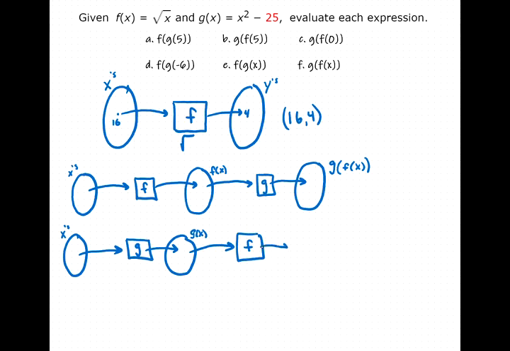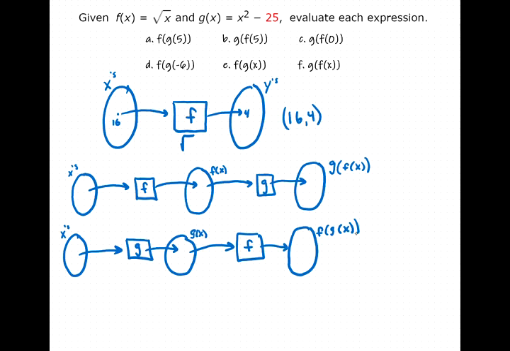And then there's an output of that function. So two things can happen to the original number. Either it goes into the f and then the g, or it goes into the g and then the f. So if it goes into the g function first, out comes g of x, and then that g of x goes into the f function, the output will be f of g of x.